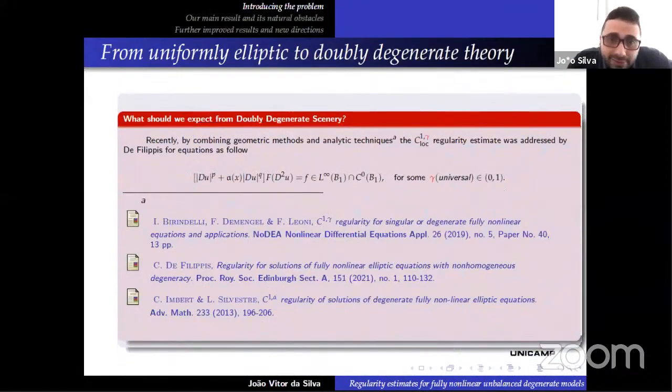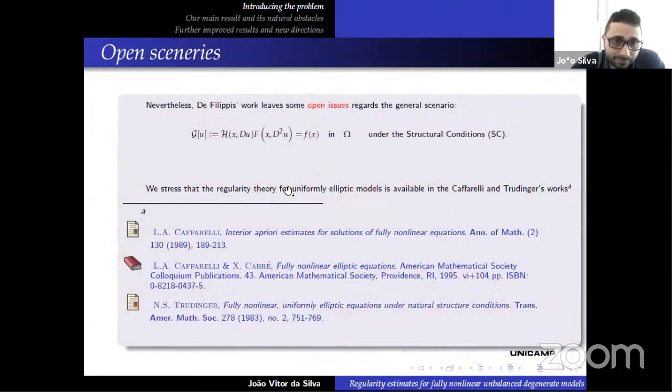But what happens when you consider degenerate operators? In the single degeneracy law, when a is 0, Birindelli, Demengel, and Imbert-Silvestre proved C^{1,α} regularity estimates. In the double degeneracy regime, Cristiana De Filippis recently proved local C^{1,γ} regularity estimates.